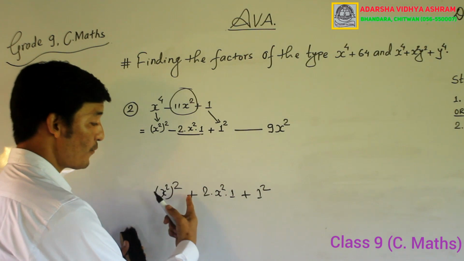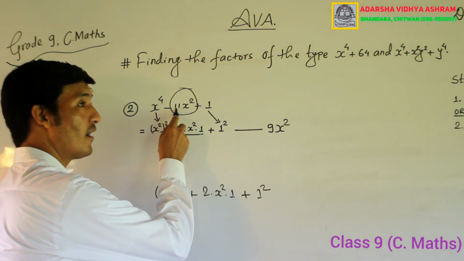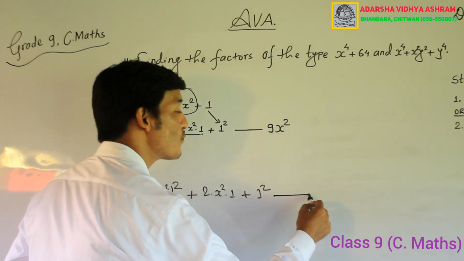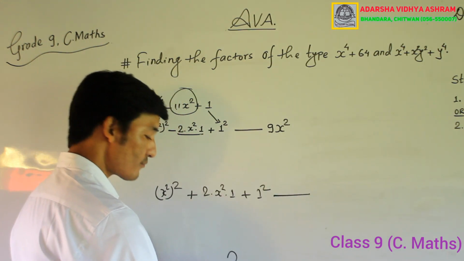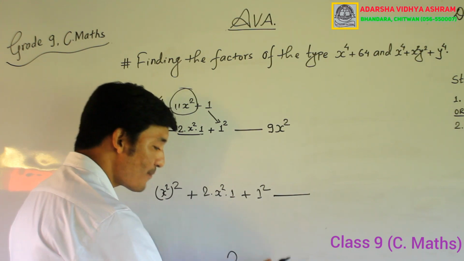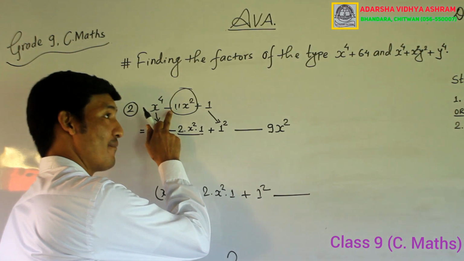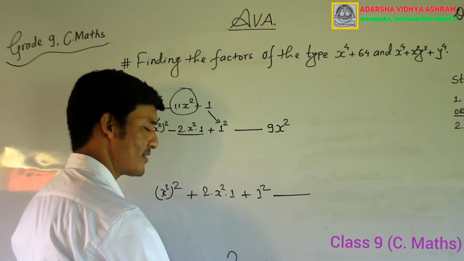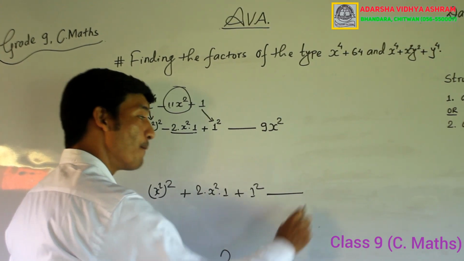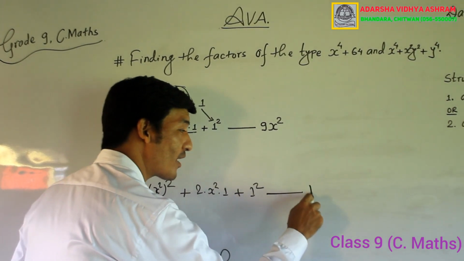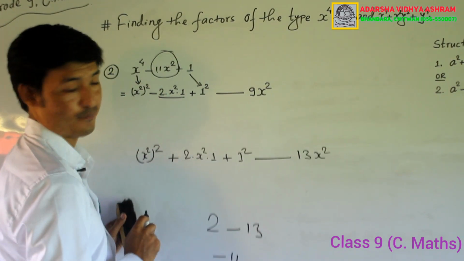But to bring here minus 11, you must put minus. 2 minus how much value so that you can get minus 11? We know that's 13. 2 minus 13 is minus 11. We understand. But if you put here plus, then what comes here? 13x square.